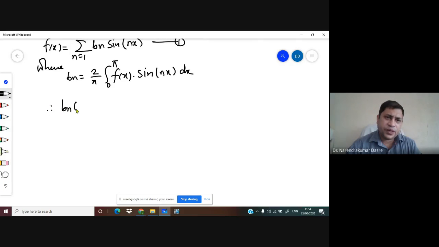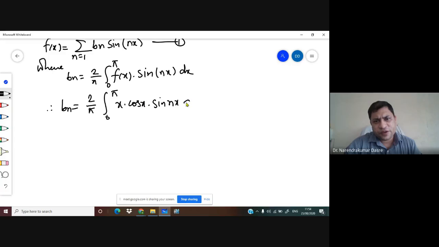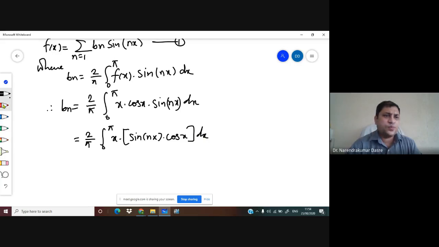Hence we have bn is equal to 2 upon pi integral 0 to pi x cos x into sine of nx dx. Okay, so this I can write as 2 upon pi 0 to pi, and here we got x into sine of nx cos x and dx.